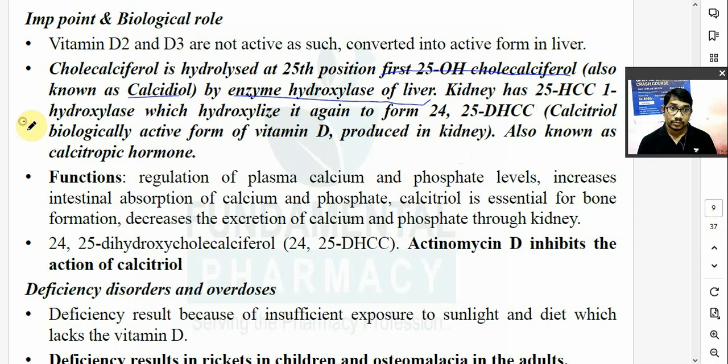Why is it known as a calcitropic hormone? Because vitamin D is responsible for the calcification of your bones and regulation of calcium level in your body.